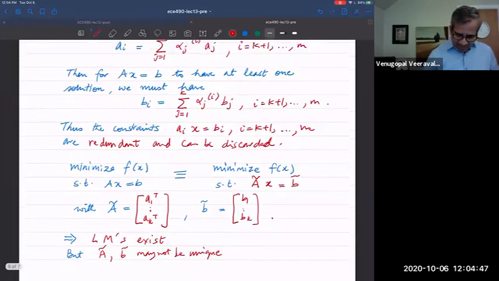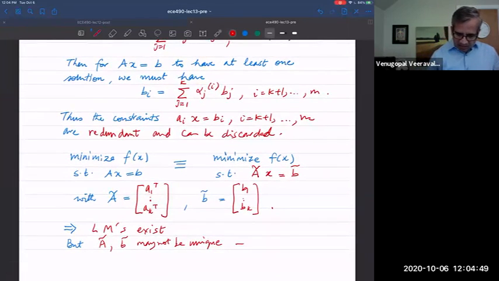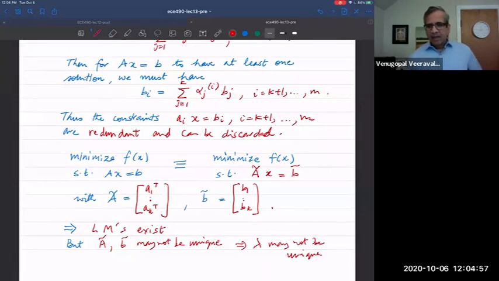So this means that lambda may not be unique, and we'll see that in an example. For a given x star, the lambda may not be unique, depending on how you construct your A tilde matrix.